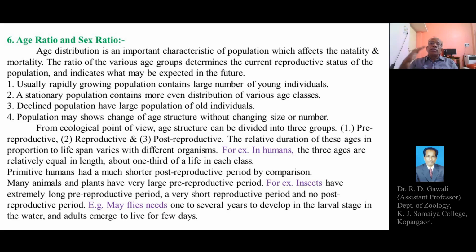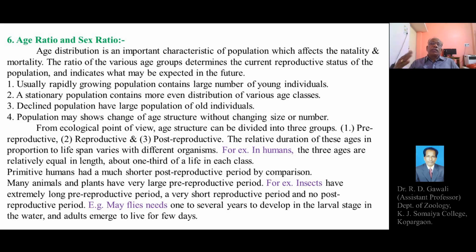So there is a continuous change in the number of every age group among the population, that is, the number of young, adult, or old individuals is continuously changing over a period of time.